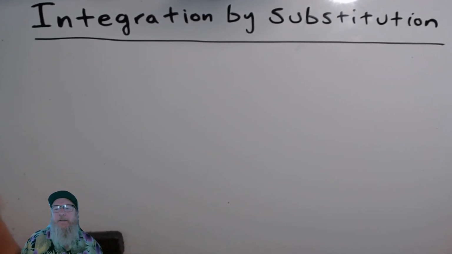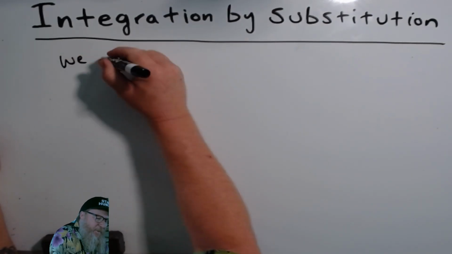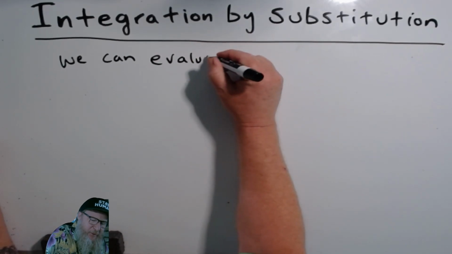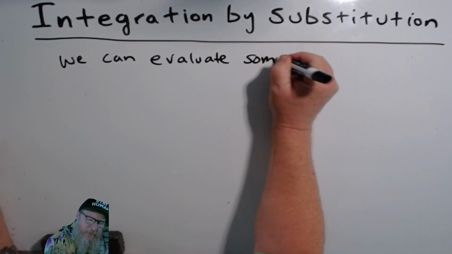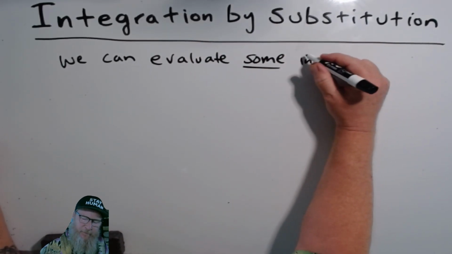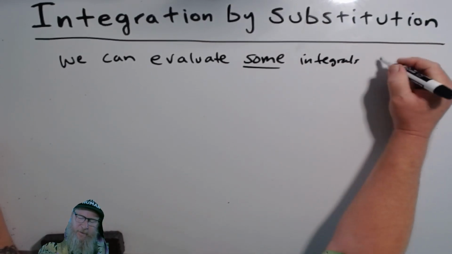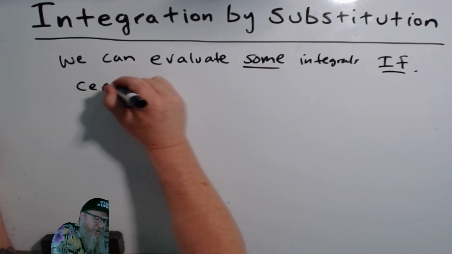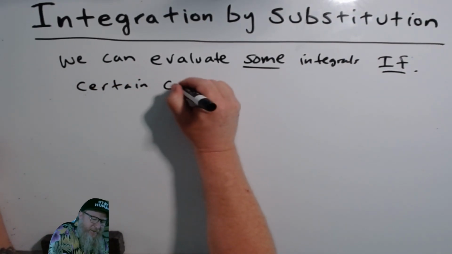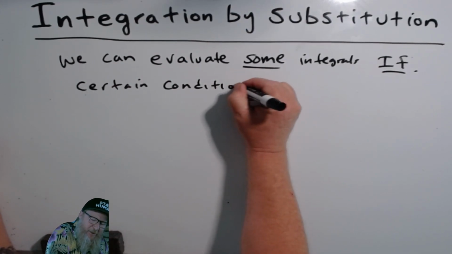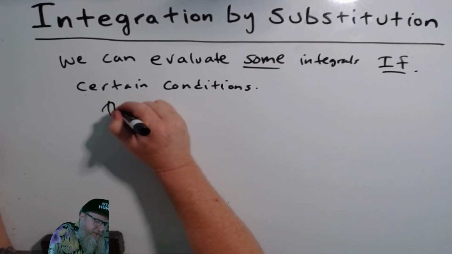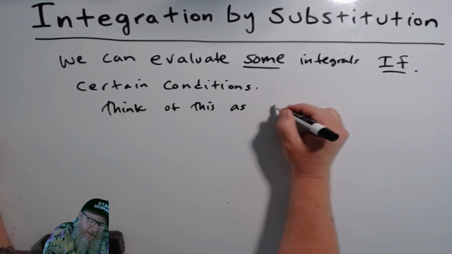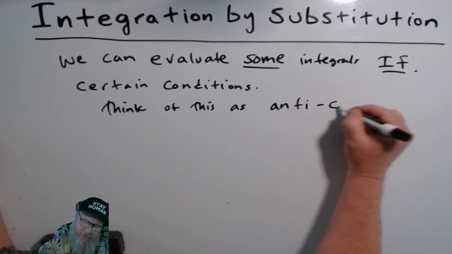But the best we can do is evaluate some integrals if certain conditions are met. And I mean, it's a stretch, but you can think of this as an anti-chain rule.